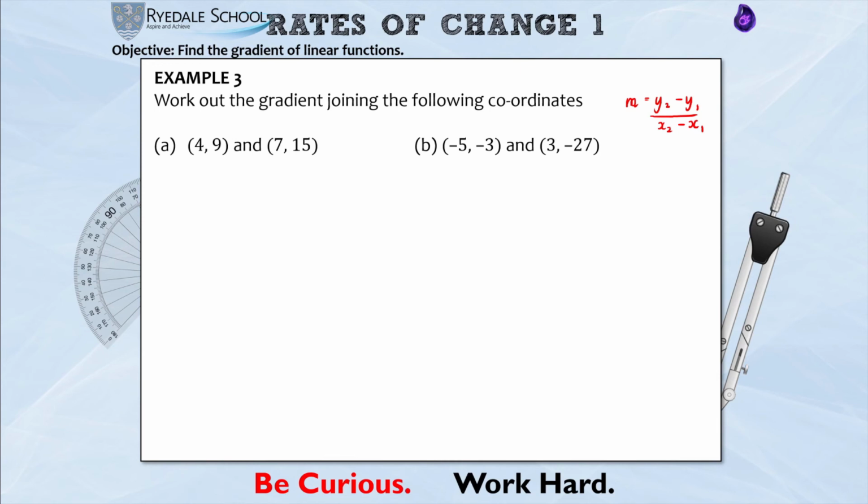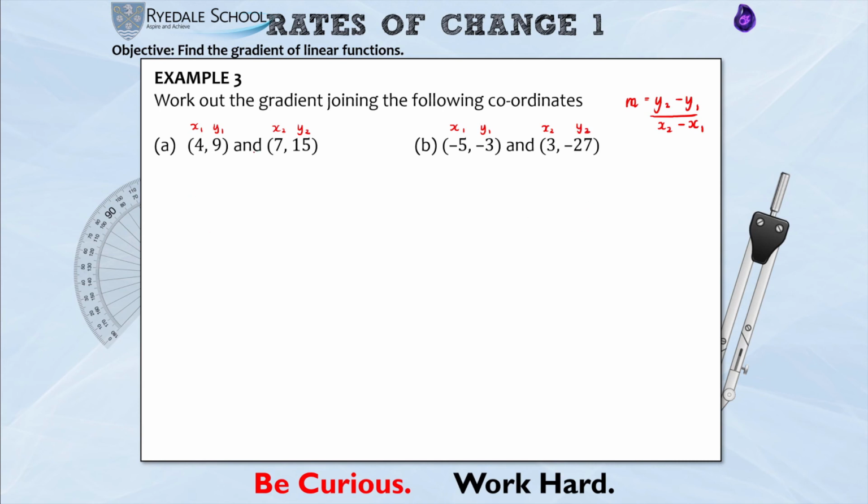It does not matter which one you call x1, y1 and which one you call x2, y2, but what does matter is you call one coordinate 1 and one coordinate 2. Don't mix up the 1s and the 2s, otherwise things will go wrong. So before I even start either of these questions, I'm just going to call this one x1, y1, x2, y2, and the same over here: x1, y1, x2, y2.